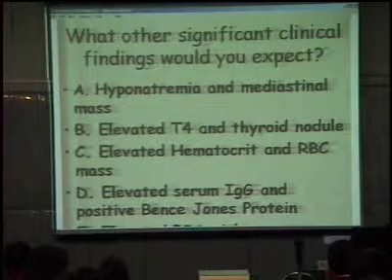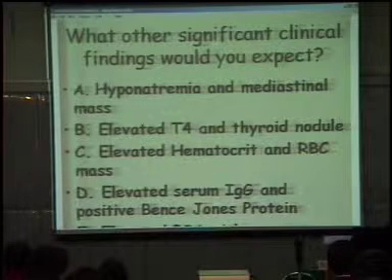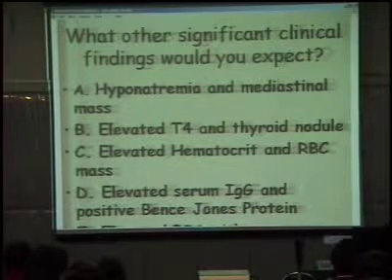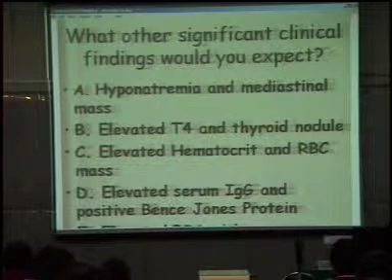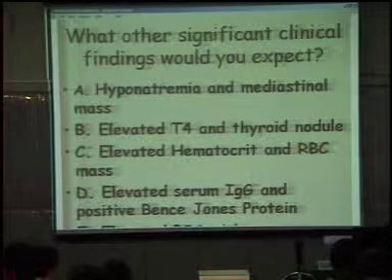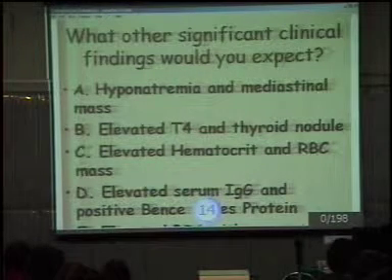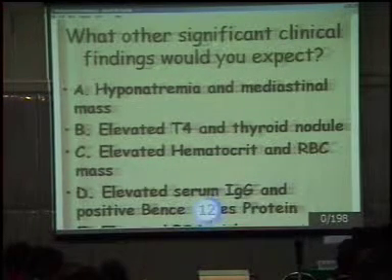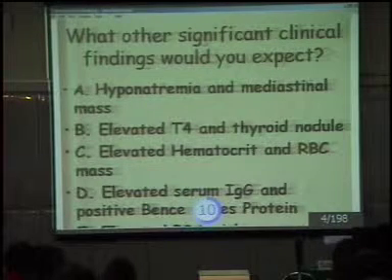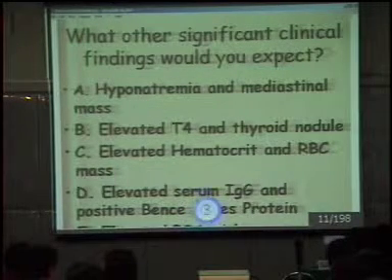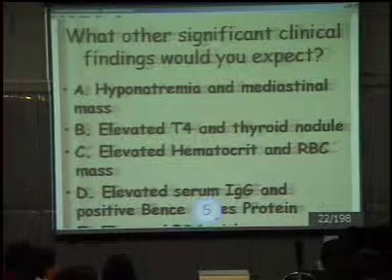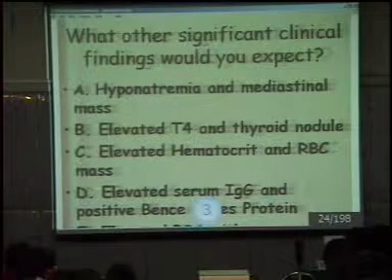And I think it's the wrong one, so why don't we go for it, and if anybody punches E, well, we'll know who it is. It's the person who's been doing it all along. Can we do it? Yeah, there we go. We have 15 seconds. So does this person have hypernatremia and mediastinal mass, elevated T4, elevated hematocrit, or elevated IgG?